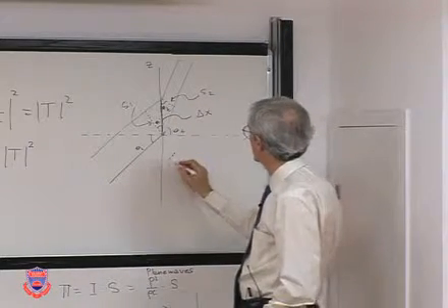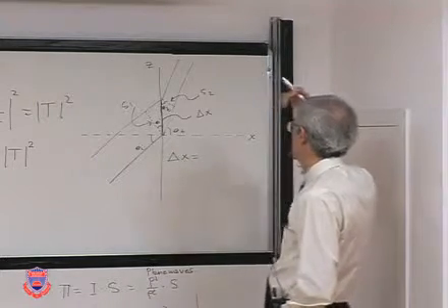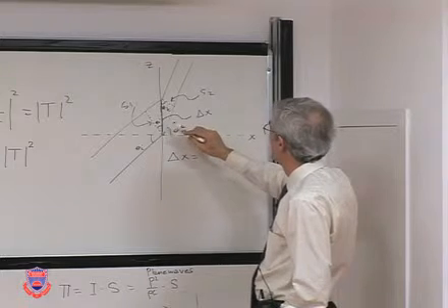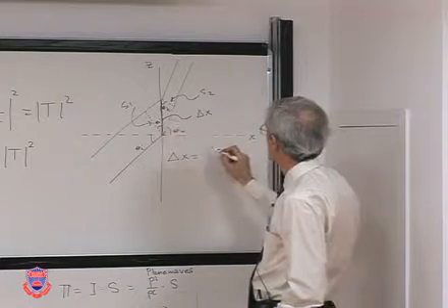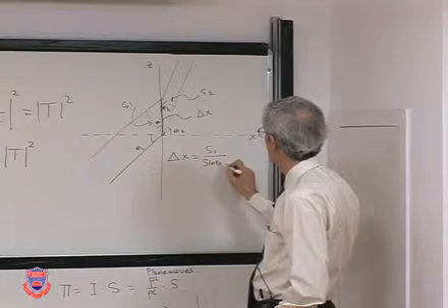So if you look at delta x being the hypotenuse, S1 sine theta I.